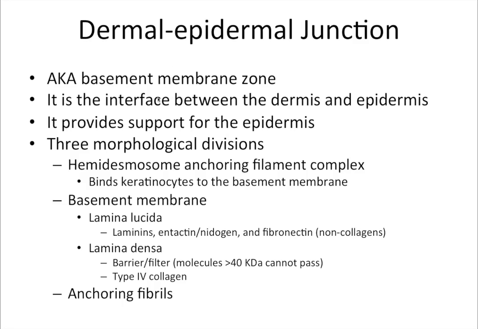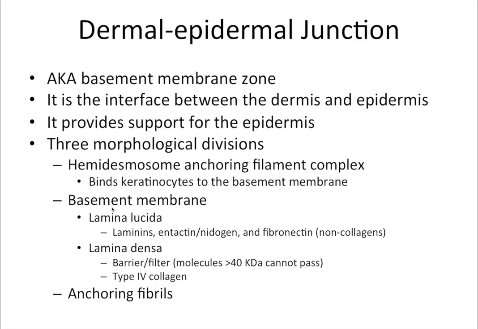It is essentially the interface between the dermis and the epidermis, and it provides support for the epidermis. Again, breaking it down into the three morphological divisions, we have the hemidesmosome anchoring filament complex. As I mentioned before, the hemidesmosomes bind keratinocytes to the basement membrane. You'll see an image of that in a moment.